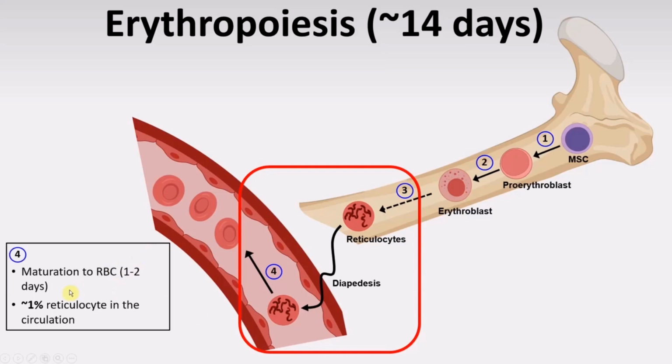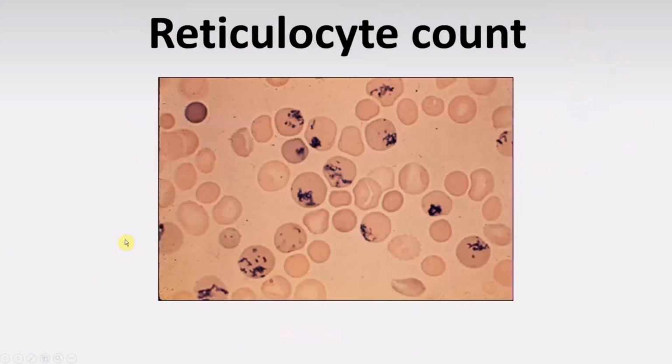And we said that it takes about 1 to 2 days for reticulocytes to mature, and there's only about 1% of reticulocytes in the circulation at any time. So what this means is that we can actually look at the reticulocytes in the blood and look at the erythropoiesis process at any point in time.